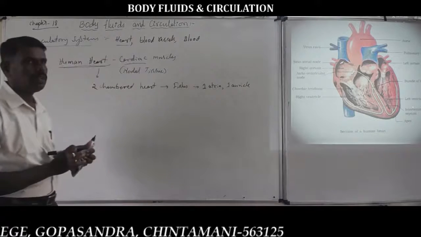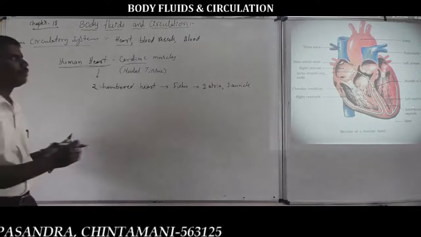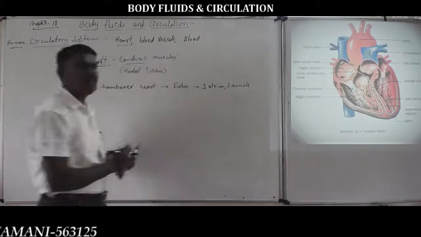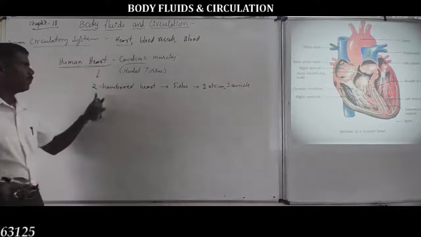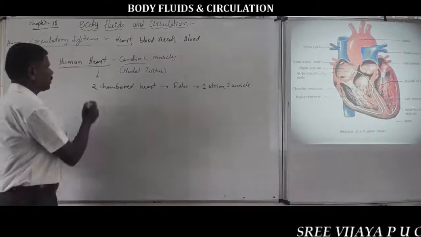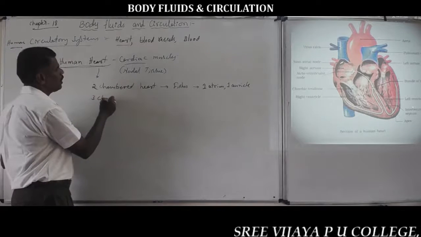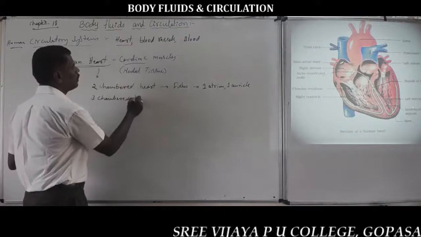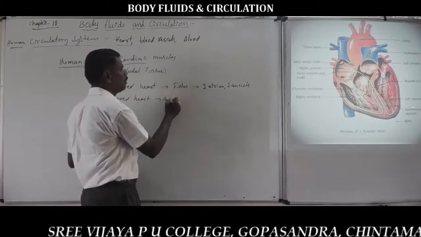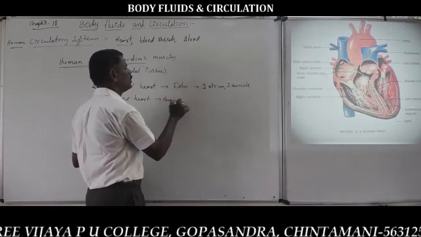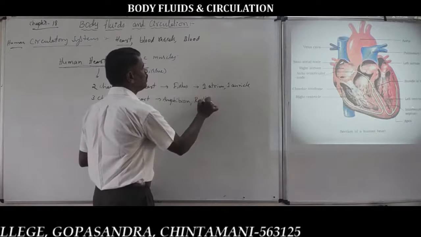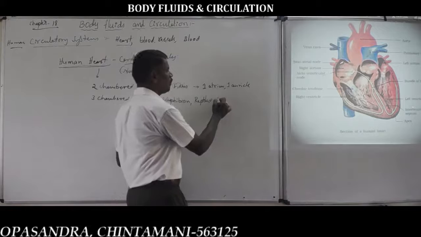One atrium and one auricle. So the two-chambered heart is present in vertebrates like fishes. The three-chambered heart is identified in amphibians and even reptiles, but in the reptiles, except crocodile.